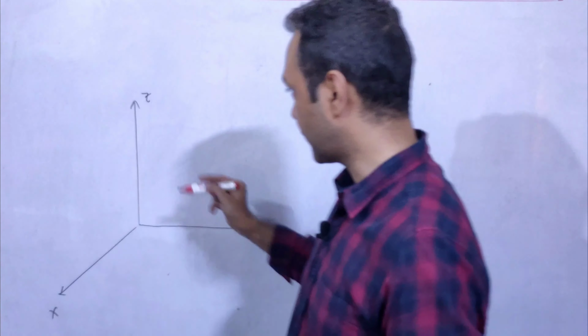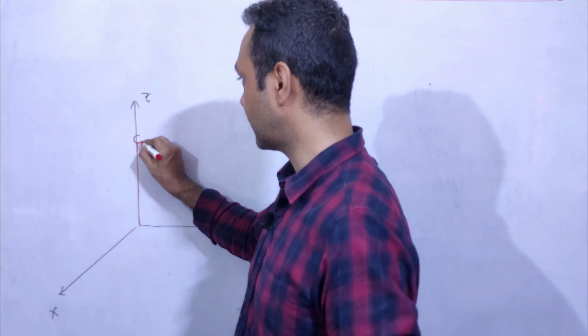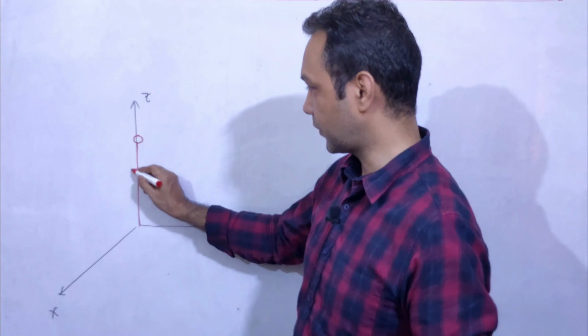Suppose I take a body of unit length, this is a body, and I am putting a handle over here. The coordinate of this point is 0, 0, 0, and the coordinate of this point is 0, 0, 1.